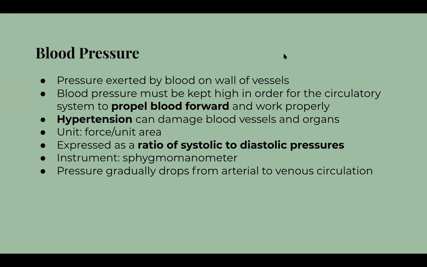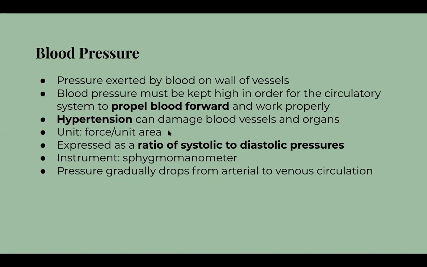However, hypertension is the name for having too high of a blood pressure, and this is a problem because too high of pressure can damage blood vessels and organs as well. Just a note on the unit, it's force per unit area, the same unit as any pressure measurement in physics.